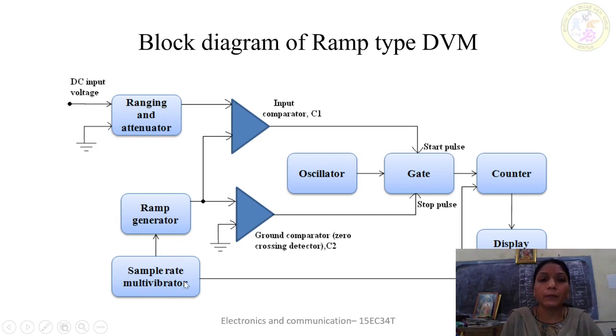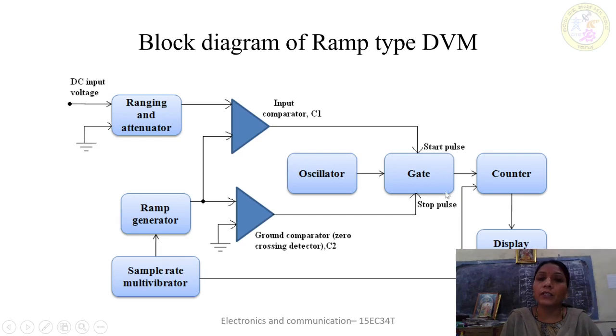The sample rate multivibrator is the block used to give the start or stop pulse for the gate. Here is the counter, and the counted value will be displayed by using this display unit. The oscillator is the input to the gate.